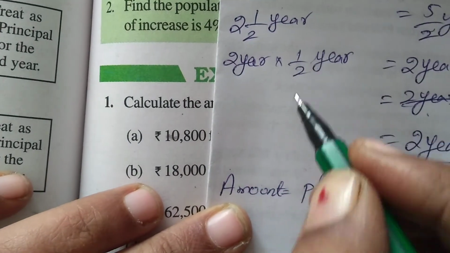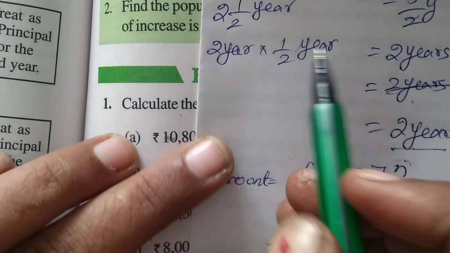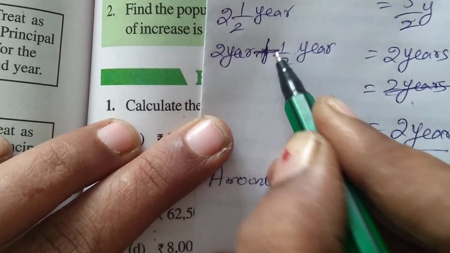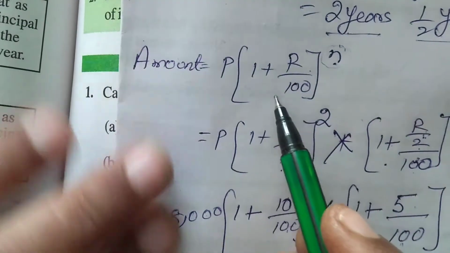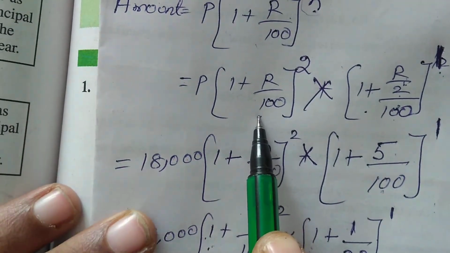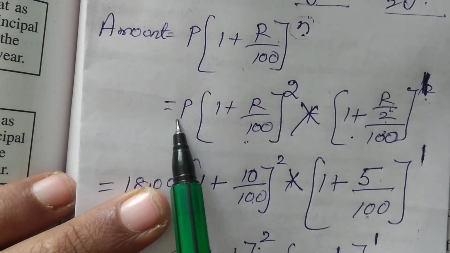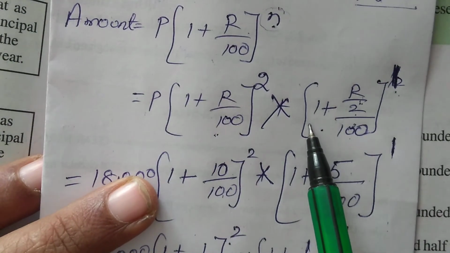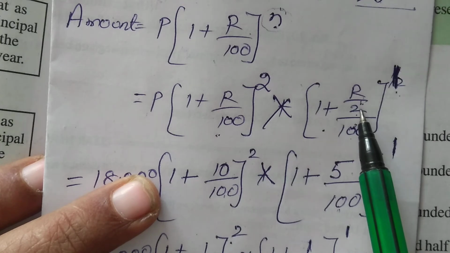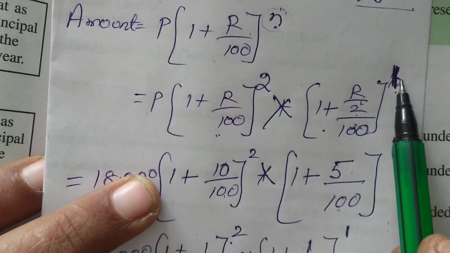This 2 years we are doing for the compound interest. For the half year, for the same principal, half a year means our rate of interest should become half of that, into 1, because in half a year there is only 1 half yearly period. So when we simplify, we get 1 plus 1 by 10.